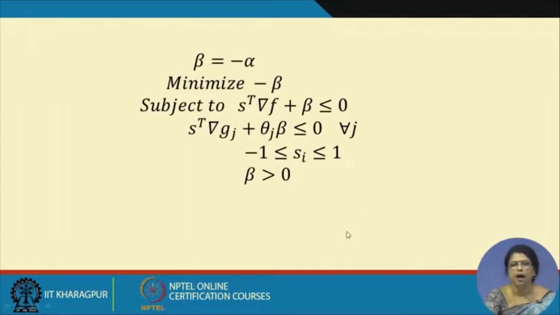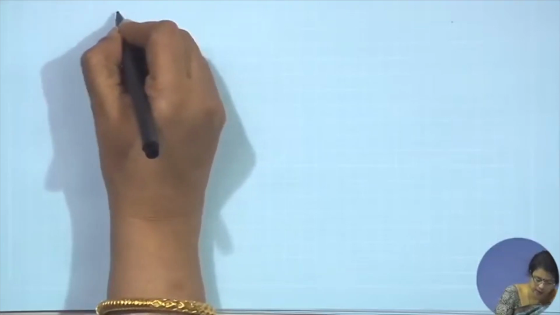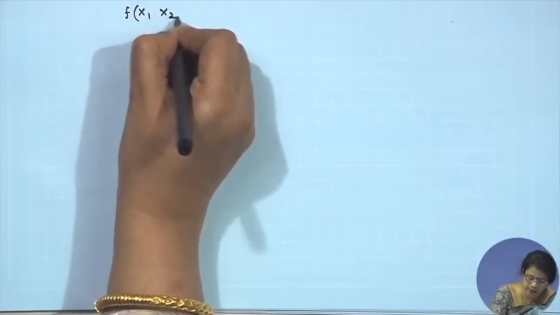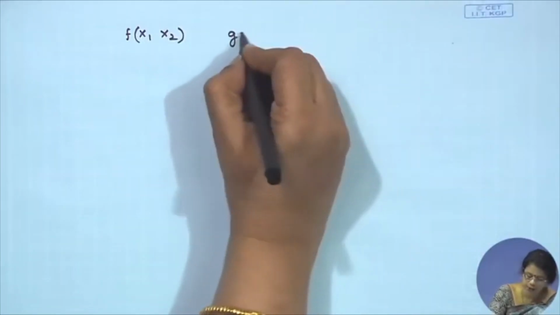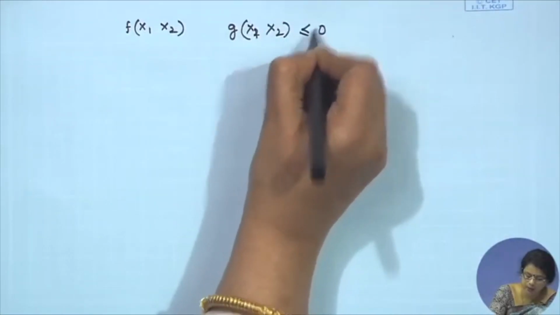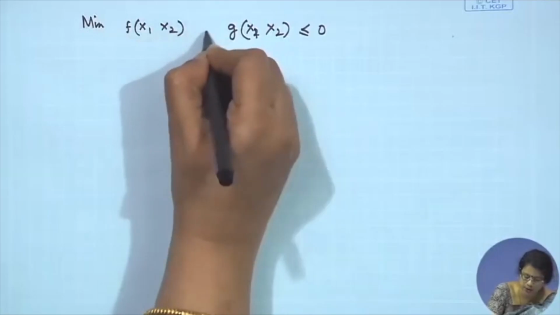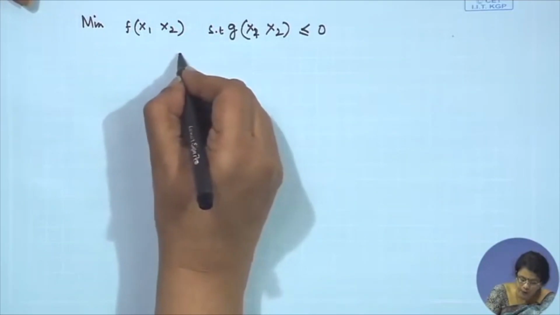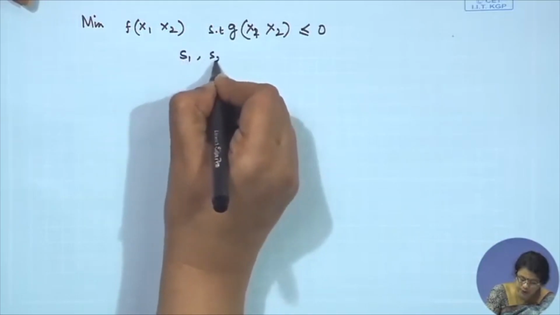Now, the previous optimization model, as you know, is a linear programming problem. Let me elaborate this with the two-variable case, where we have the function f of two variables x1, x2, and the function g of x1, x2 less than or equal to 0, minimization subject to. Now, we are looking for the direction S1, S2.